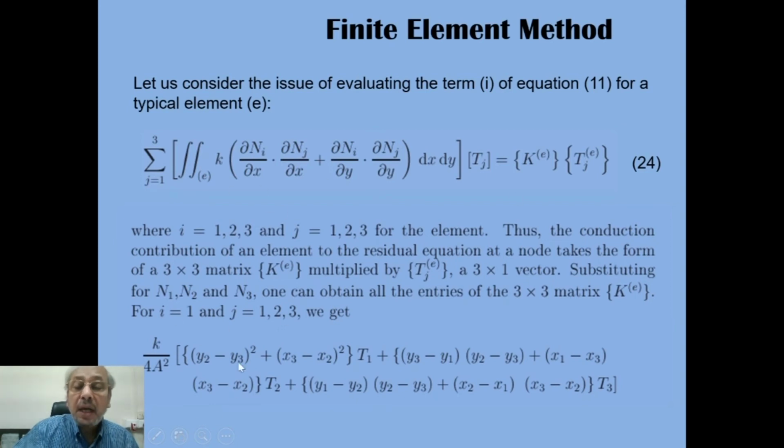After substituting that and integrating, we will get this row, which is basically (y2 minus y3) square, (x3 minus x2) square, into T1. Similarly, an expression into T2, another expression involving x and y into T3.